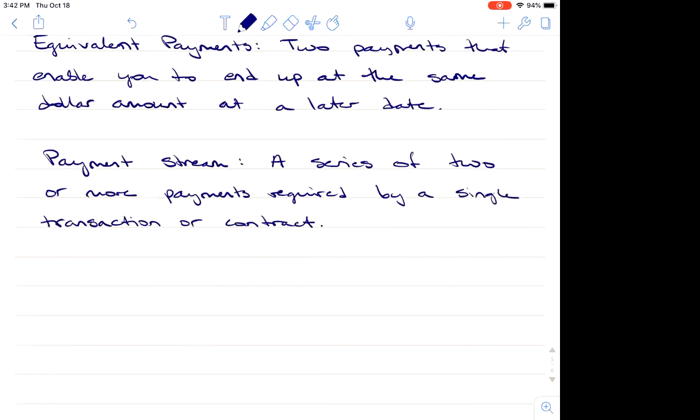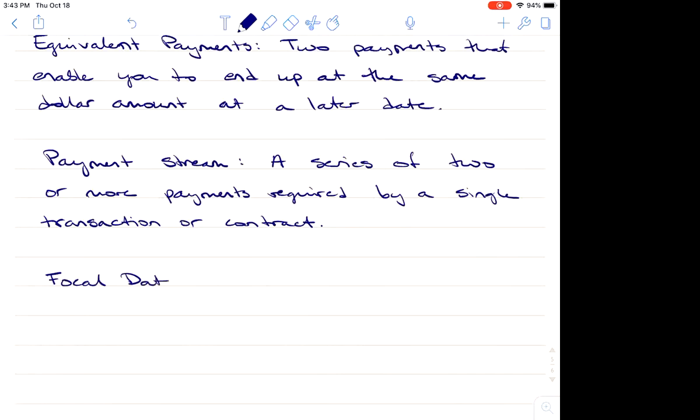And we'll also talk about the focal date. The focal date is the date that we're going to bring all our calculations to, right? So on the test, I try to make it easier by saying use whatever date as the focal date. So that's just telling you to bring all the calculations to that focal date.